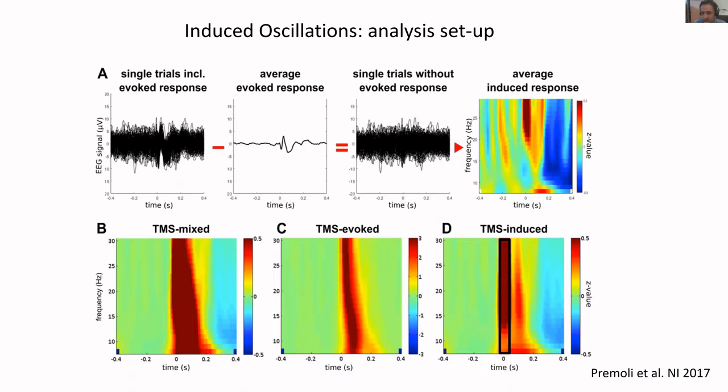we considered a technique we developed in 2017, which is mainly: given the single trials inclusive of the evoked response, we subtract the average evoked response from the single trials, and we Fourier transform the single trials without the evoked response to study how the oscillation power changes due to drug assumption.